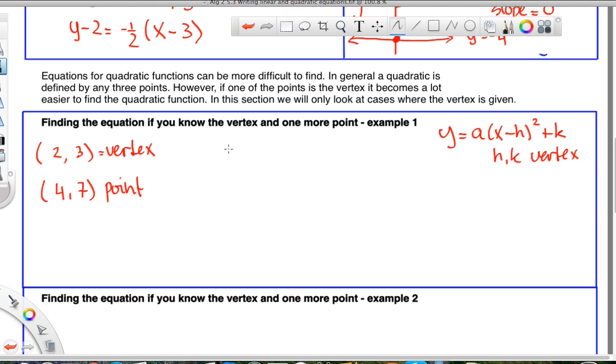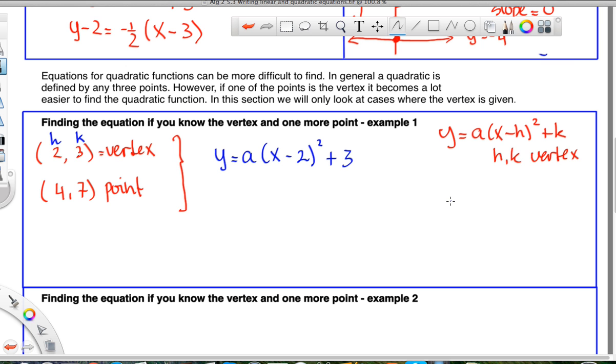Then we should be able to figure out what the quadratic is. So let's see what we get over here. So plugging this in, then this would be an h, and then this would be the k. So I'm going to write y equals a times x minus 2 squared plus 3.